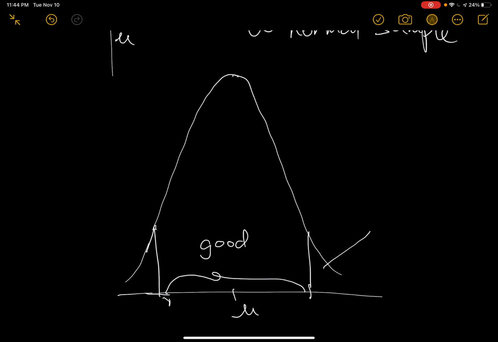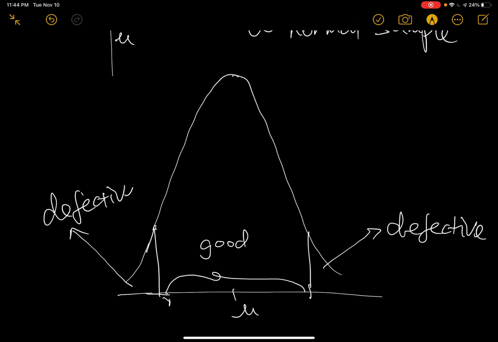In here, defective. And here, defective. So we just take somewhere in between, which is fine. When you design it, people tell you, hey, this is a good proportion.